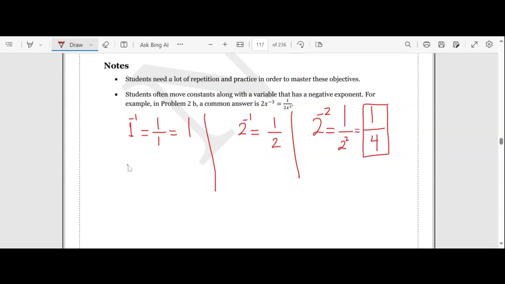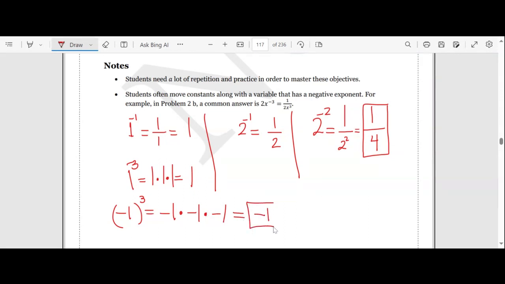If I say 1 to the power of 3, how much is this? 1 times 1 times 1, correct? Which is equal to how much? 1. If I say -1 all to the power of 3, what is the answer? -1 times -1 times -1, which is equal to -1.